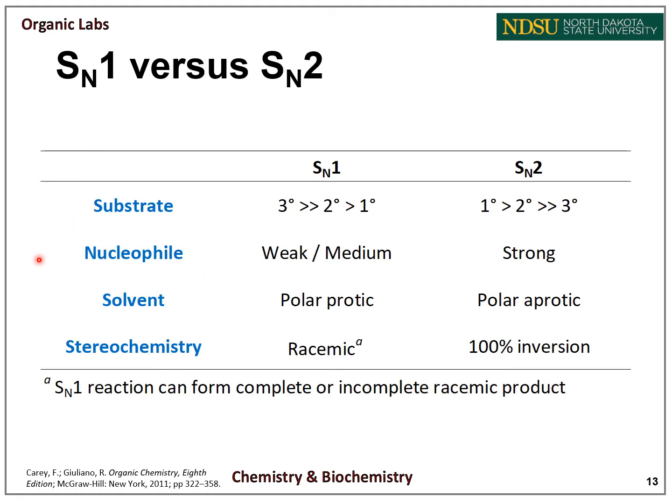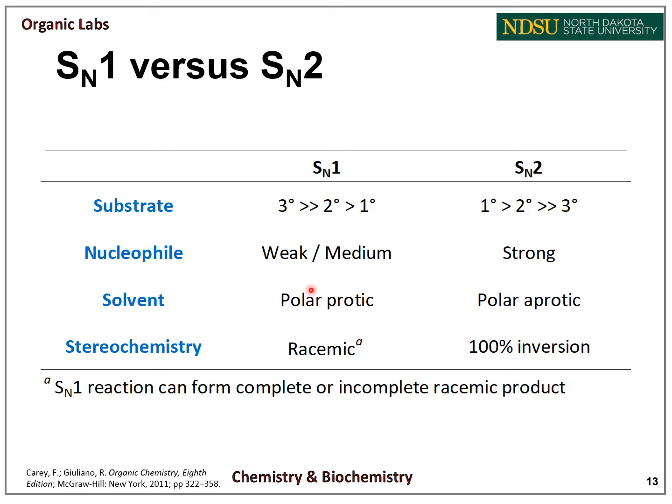To compare SN1 and SN2 reactions, first the substrate. In an SN1 reaction, the reactive carbon is usually a tertiary carbon, and again we can think of this as stabilization of our carbocation intermediate. Whereas in an SN2 reaction, the reactive carbon is usually a primary carbon or even a methyl carbon, and this is due to decreased steric effects.